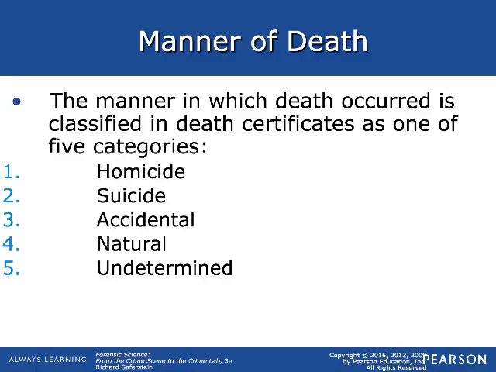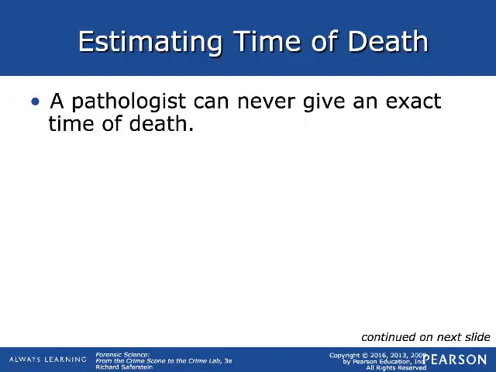So the manner of death is for the death certificate. It goes into one of 5 categories: homicide, suicide, accidental, natural, or undetermined. Oh, I thought I would have slides about that, but I guess I took them out.